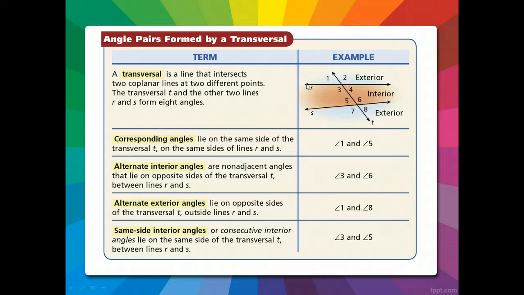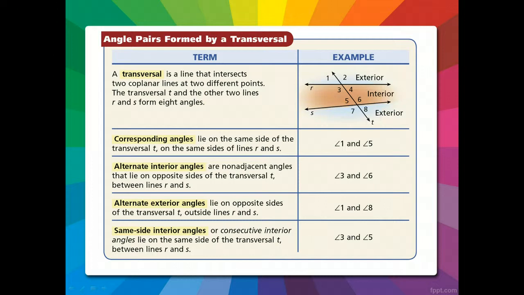We can see that our two lines, R and S, 5 and 1 are both on top, and they're both on the left side of T. Other corresponding angles would be 2 and 6, 4 and 8, and 3 and 7.